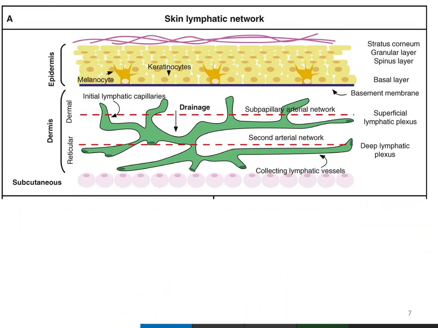Now, something that's left out of a lot of pictures about your integument are the lymphatic vessels that flow throughout your dermis in your skin. So I had to pull this picture from a research paper. It's showing your epidermis in yellow, and then the second layer of your skin, deep to that, your dermis.